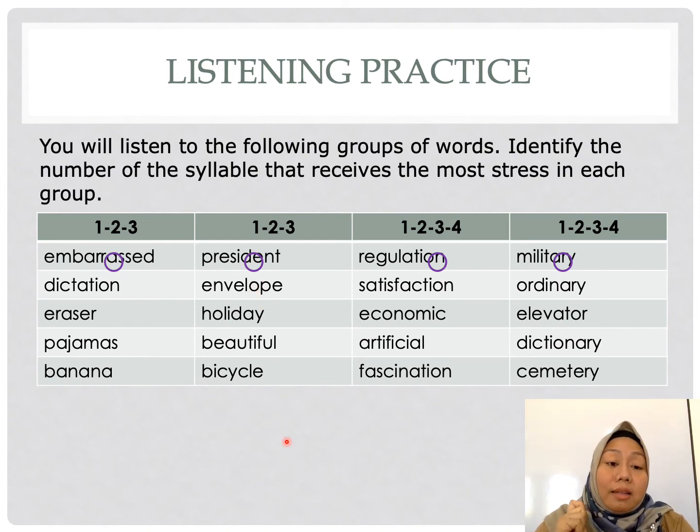President, envelope, holiday, beautiful, and bicycle. This one, the stress is on the third syllable. Regulation, satisfaction, economic, artificial, and fascination. This one is again the first syllable. Military, ordinary, elevator, dictionary, and cemetery.